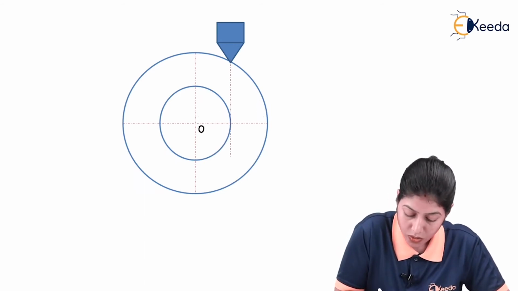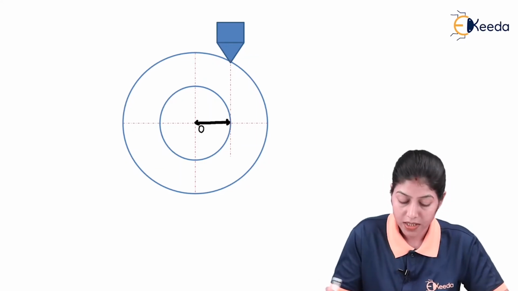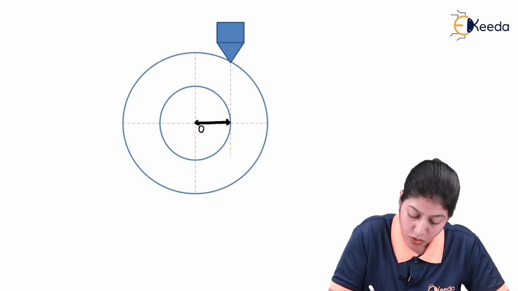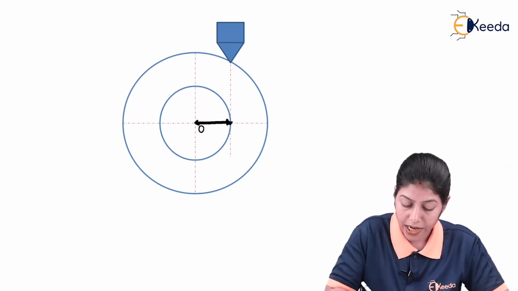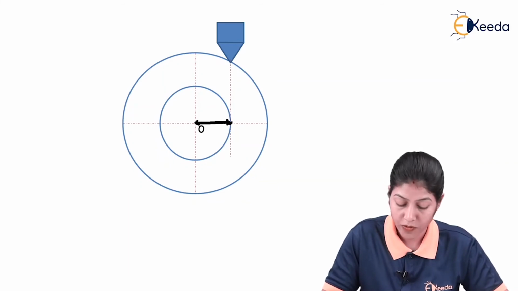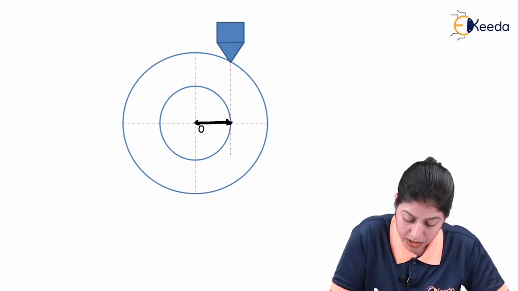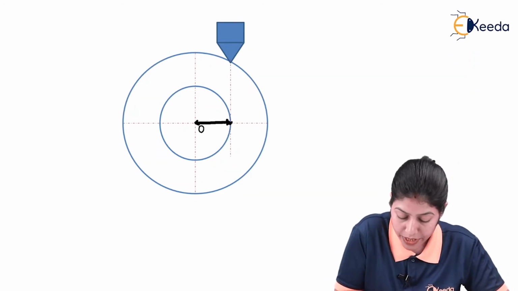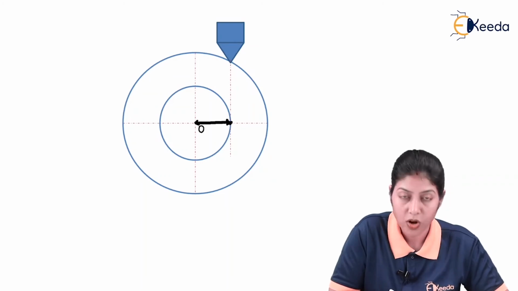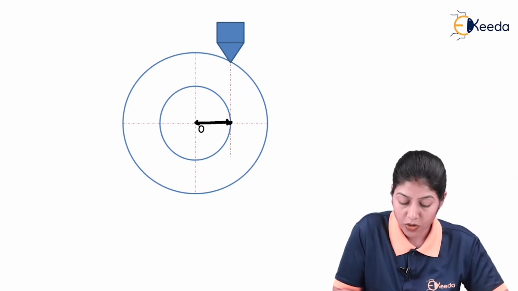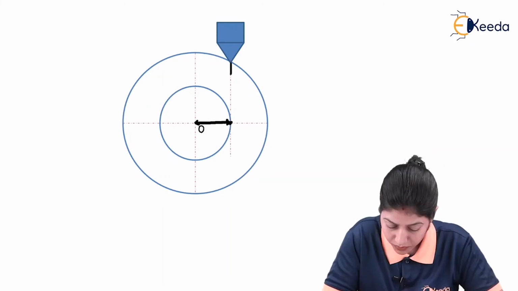So this particular distance is representing the offset distance where the follower is placed. At this particular point, we will draw a vertical line which is representing the axis of the follower. Here we have the camshaft axis which is passing through center O. So from center O we will draw one offset circle, so we can define the position of the follower on the base circle of the cam.